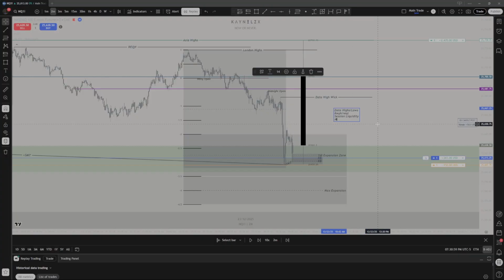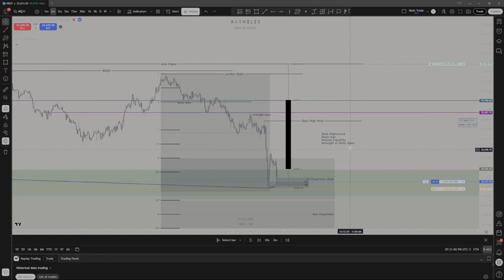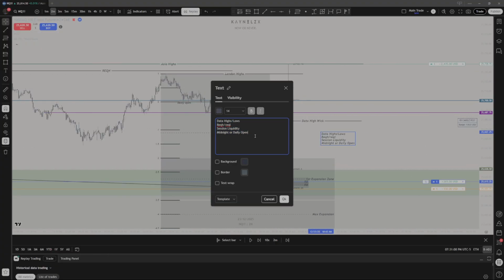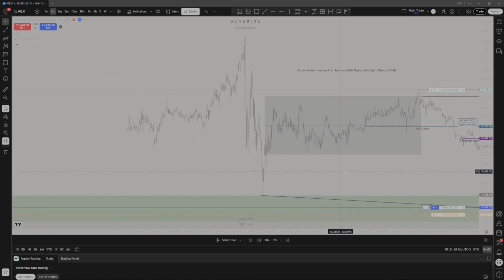You can also go for midnight or daily open. For daily open, you would only go for it if there is an actual gap, a noticeable gap, not a small volume imbalance.